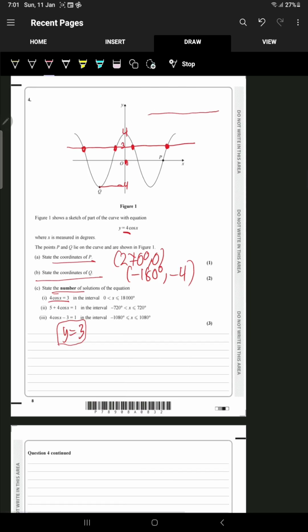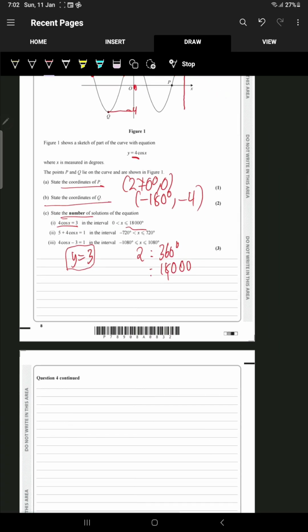So if there are 2 points of intersection in one interval, and the interval of the cosine graph is 360 degrees, then we can work out by using a ratio how many there are going to be for 18,000 degrees.